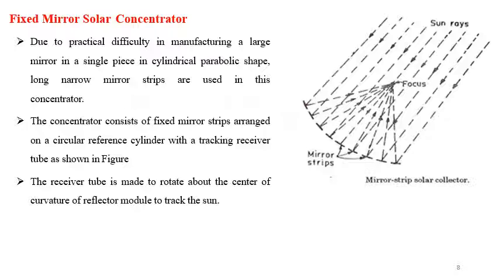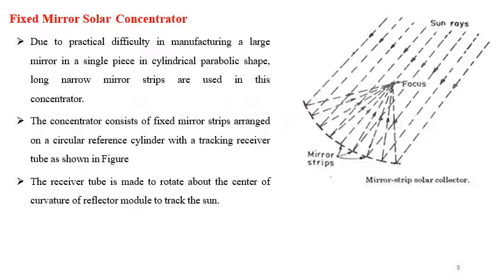This is actually another kind of focusing collector, where a number of plain or slightly curved concave mirror strips are mounted on a flat base. The angles of individual mirrors are such that they reflect solar radiation from the specific direction to the same focal line.